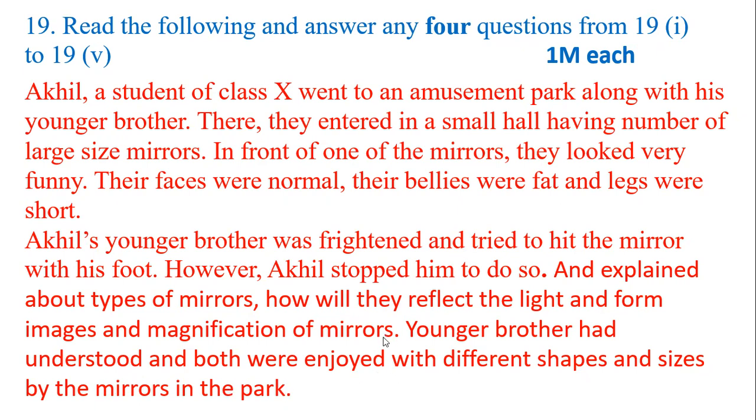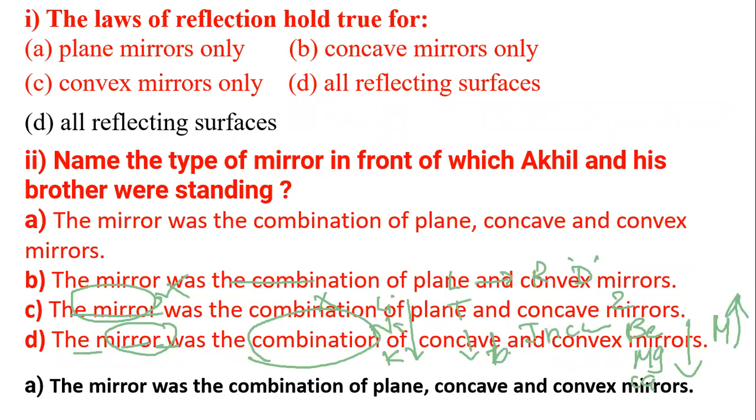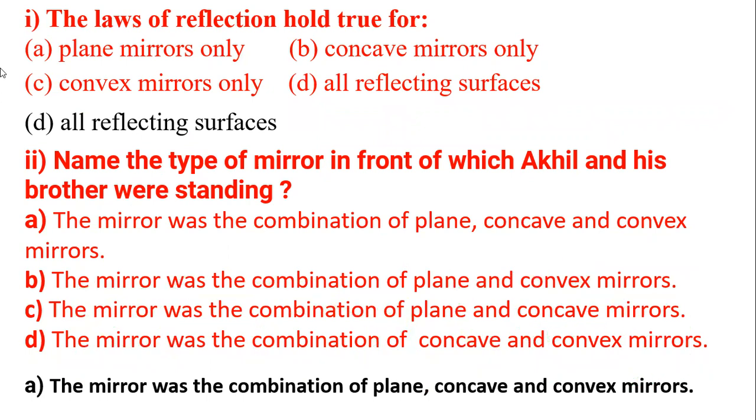After the explanation by Akhil, he realized that he understood everything regarding reflection. Now you see the questions. The first question: the laws of reflection hold true for which? A. Plain mirrors only.